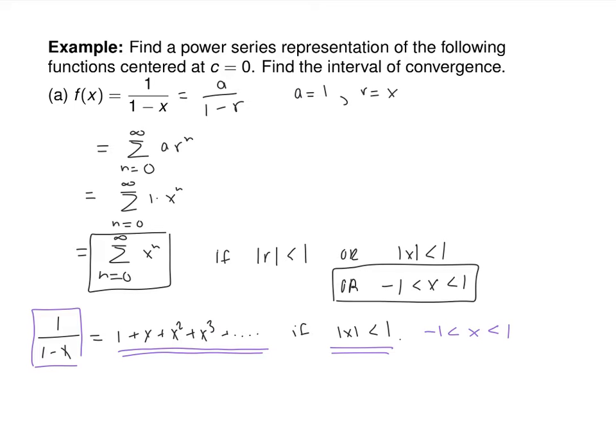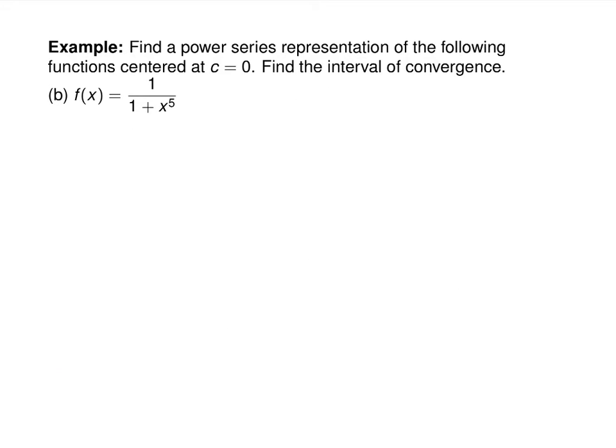Okay, and you say, okay, well, that's a really simple case. Let's talk about how we can generalize that to a little bit more complicated case. So here I have 1 over 1 plus x to the 5th. The goal is to make this look like a over 1 minus r. Well, I can make that into 1 over 1 minus negative x to the 5th. That's the same thing.